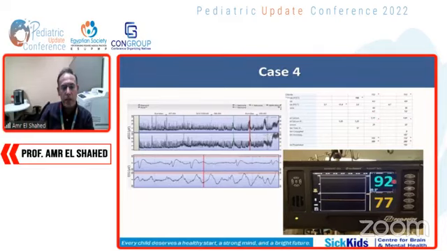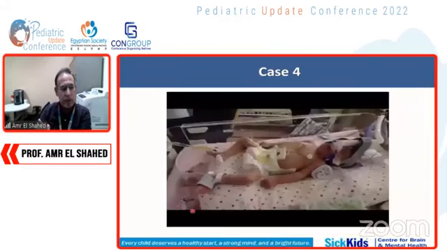His near-infrared spectroscopy readings were not reassuring because this is too high on the cerebral side. 92 is quite high, which we usually explain by a decrease in oxygen extraction in the brain, because the brain is really encephalopathic and is not really extracting oxygen. So that was really concerning. Yet, I'm going to show you the examination of this patient first, and then we can discuss what to expect. Let's go here.